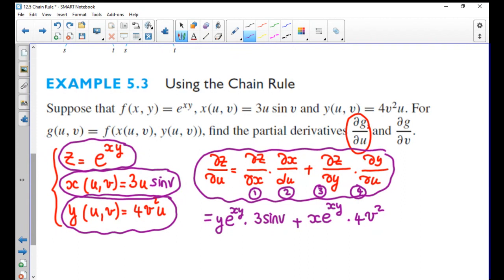After that, yes. dx over du, yeah? The derivative of 3u sine v with respect to u.